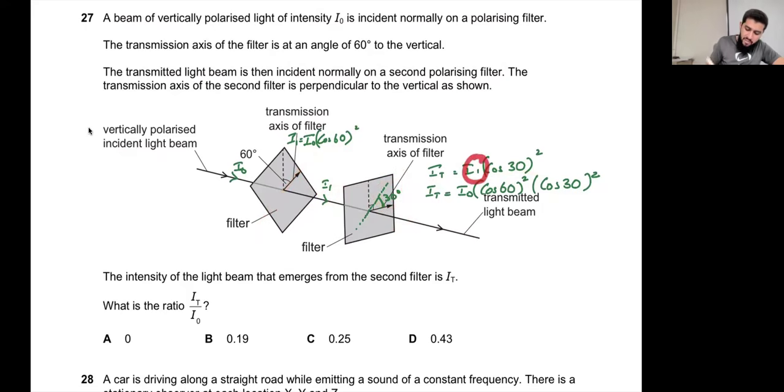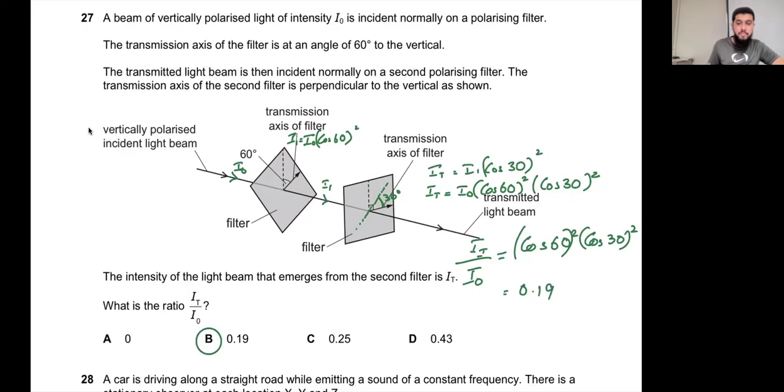And when I replace I1 with I0 cos 60, this is what I get. So IT over I0 is equal to cos 60 squared cos 30 squared, which is equal to 0.19. B is the answer.